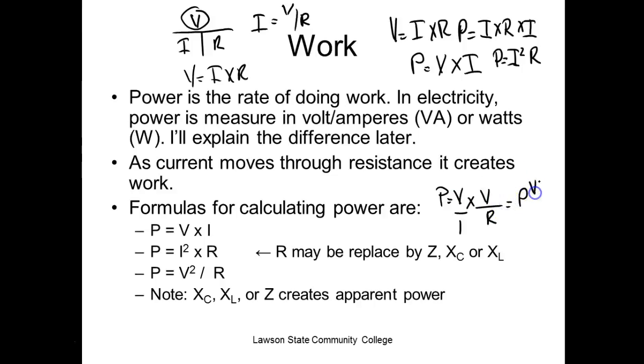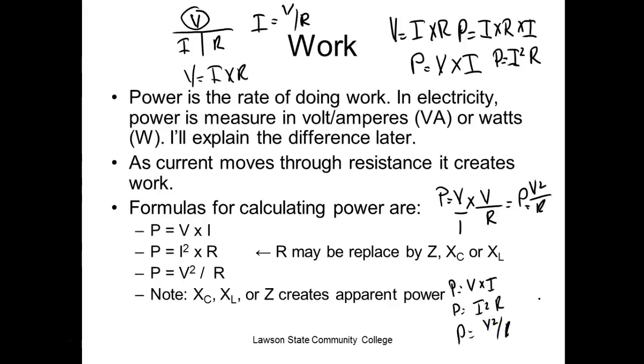Power is equal to V squared over R. So our three power formulas are what? Power is equal to V times I. Power is equal to I squared R. And power is equal to V squared over R.